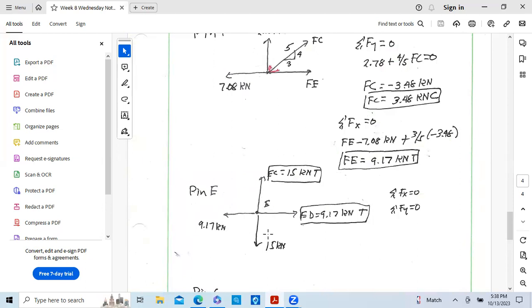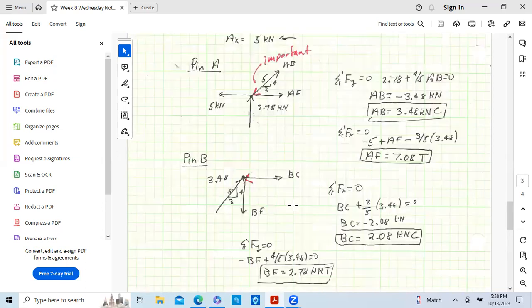So this, of course, is no Y. EC has to be 15 tension. This is 9.17 kilonewtons tension. ED has to be 9.17 kilonewtons tension. You can write sum of forces X equals 0, Y equals 0. The answers I know you know. Okay. This force has to equal this force. This force has to equal this force. Again, you write it up there.